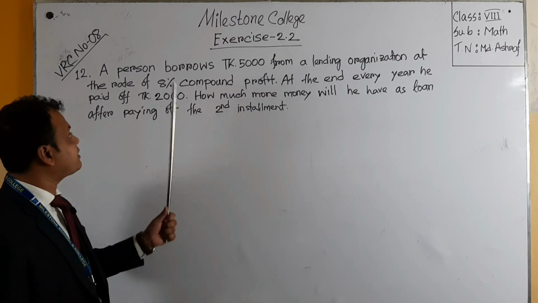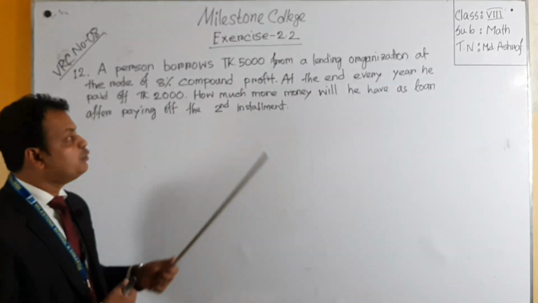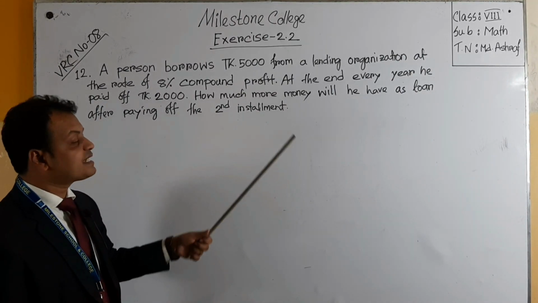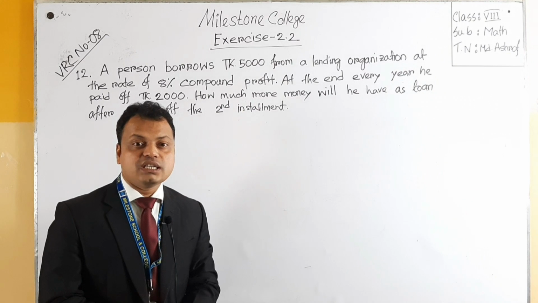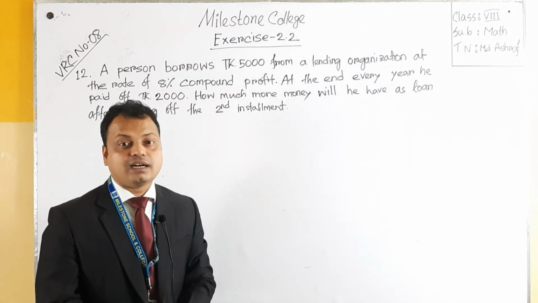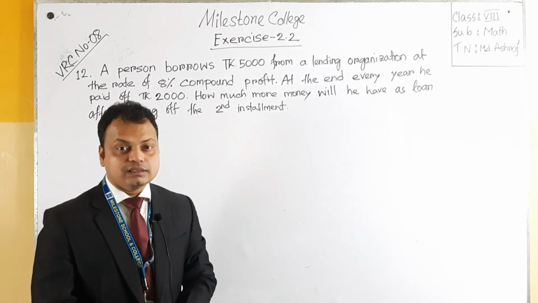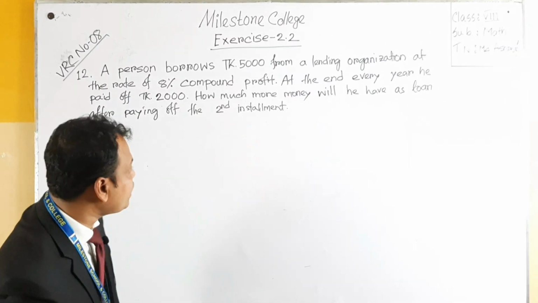That means he had paid taka 2,000 after 1 year. Then we have to find the amount after paying the second installment. That means after paying 2,000 plus 2,000, that is 4,000 taka, what will be the remaining money? We have to find this one. So, let's start the solution.